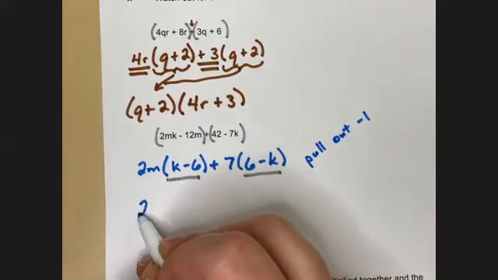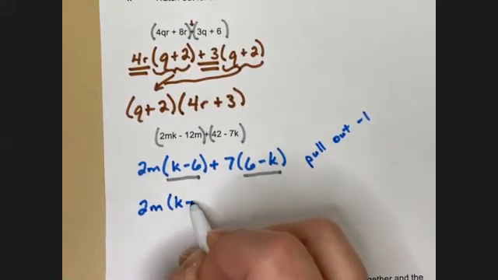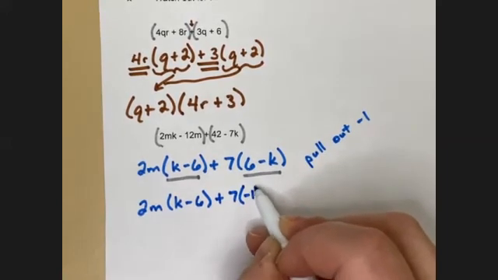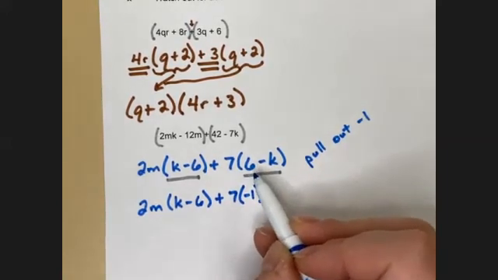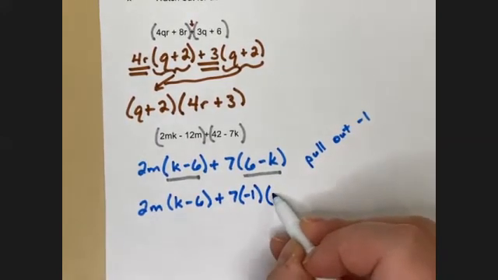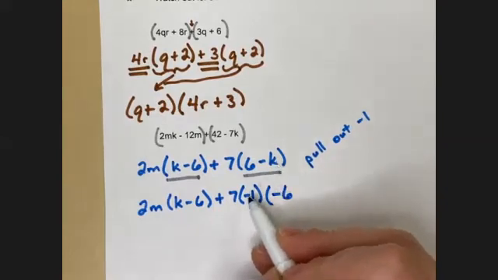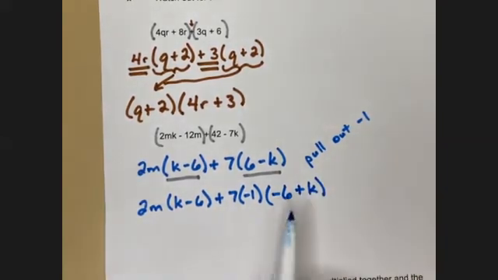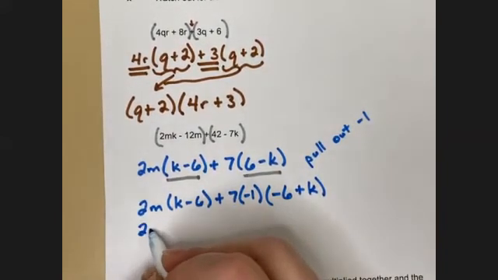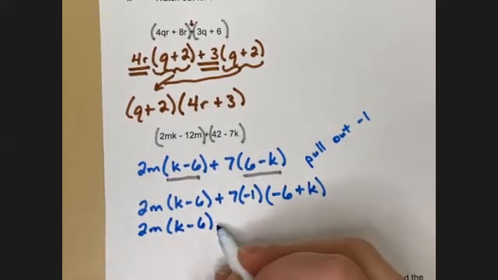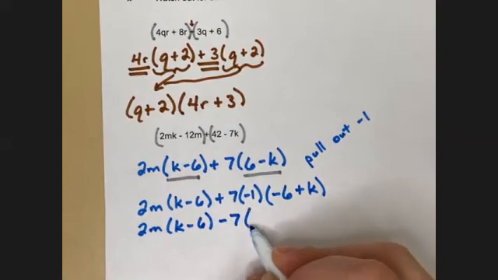So this first part doesn't even change right now. Plus 7, and then I'm going to pull out a -1 because this is going to give me 6 divided by -1 is -6, and negative k divided by -1 is positive k. Now, -6 plus k can be flipped around to k minus 6, and 7 times -1 is going to be -7.